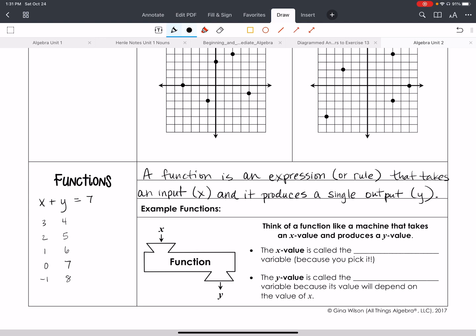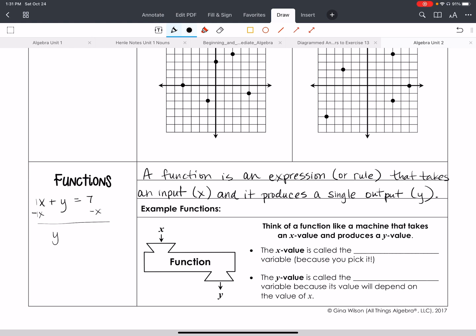Well, sometimes it's kind of hard, but you notice how I was choosing an x and trying to figure out what y would have to be if I had that particular number for an x. There's an easier way to do it and think about it. Instead of having my two variable equation look like x plus y equals 7, if I were to rearrange it, just like we did with literal equations, what if I subtracted 1x from each side?